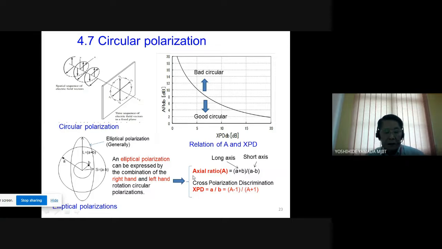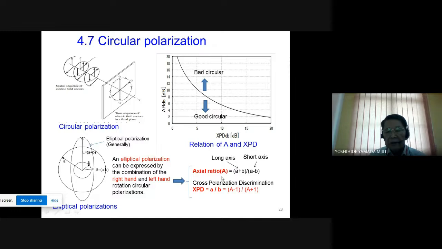So another important parameter for the circular polarization is the axial ratio. The axial ratio is determined by the long axis L and the short axis S. So sometimes circular polarization is characterized by an axial ratio of 2 dB or something.